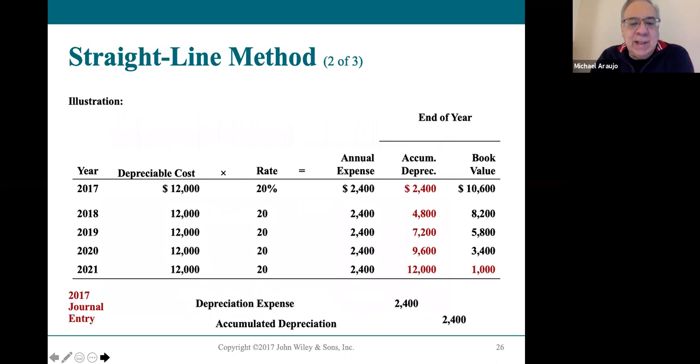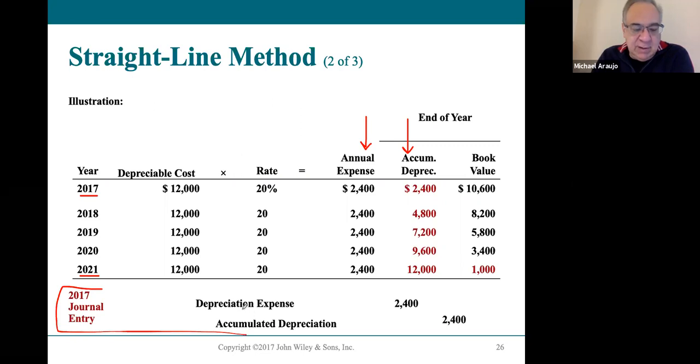The interesting thing, of course, is your book has this illustration here, which shows how much of the rate it is. But basically speaking, I want you to focus on 2 columns here. Okay. Every year, starting in 2017, all the way down to 2021, you're going to be making the exact same journal entry.